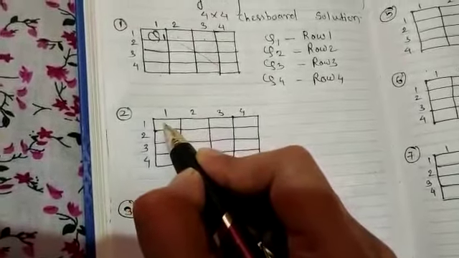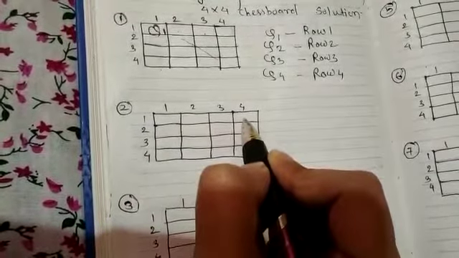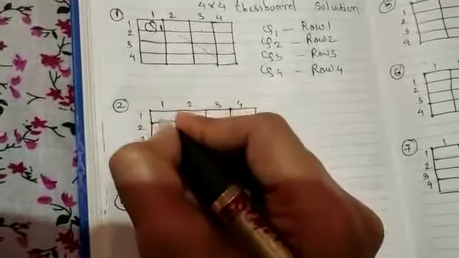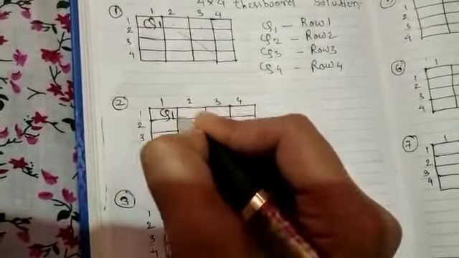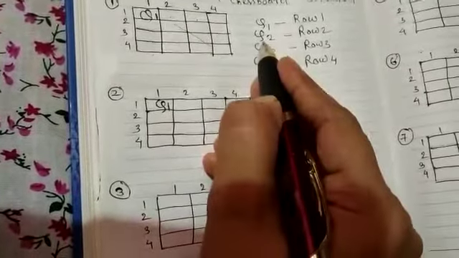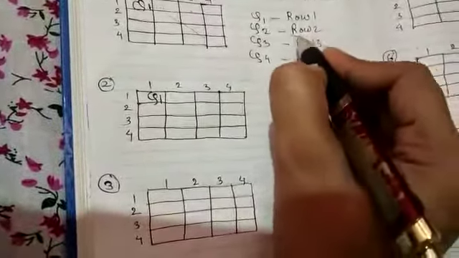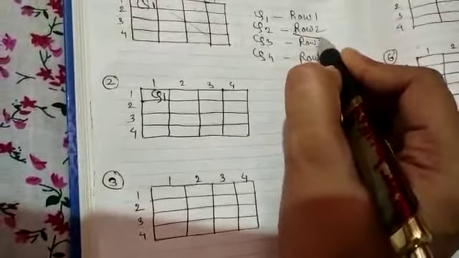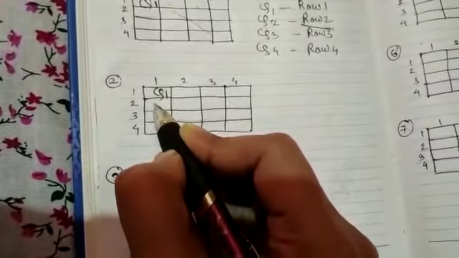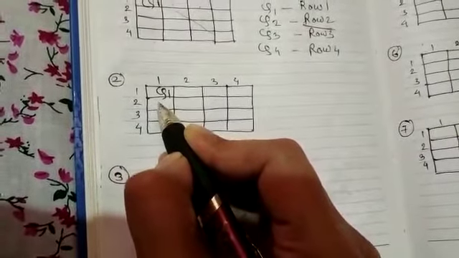So the first row is done. We have already placed Q1 according to the condition, so I'll write it again. Q1 has been placed. Now Q2 needs to be placed, and we know that it should be placed in row 2 only. So I'll go to row 2, and starting from the first column let us check the condition.